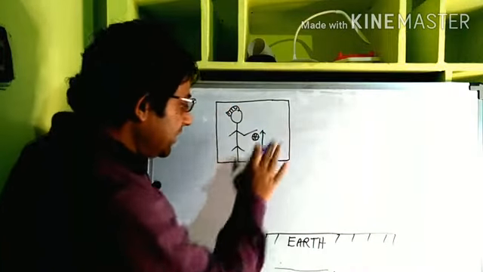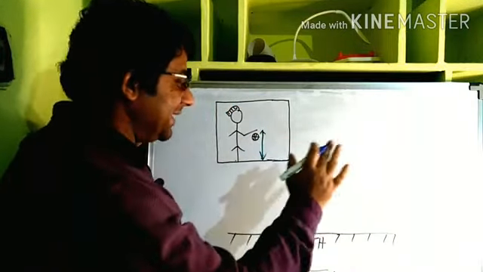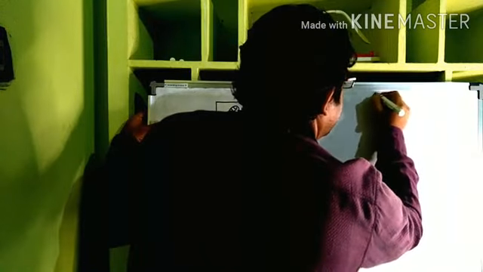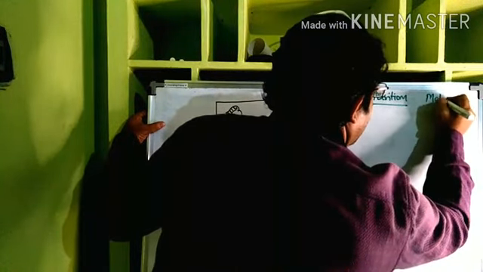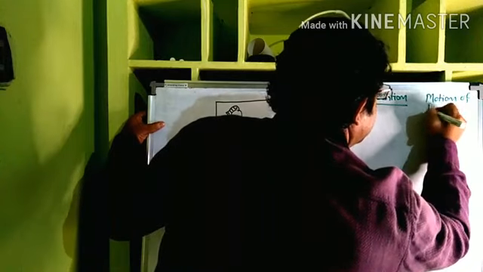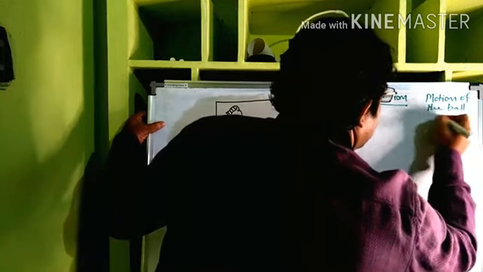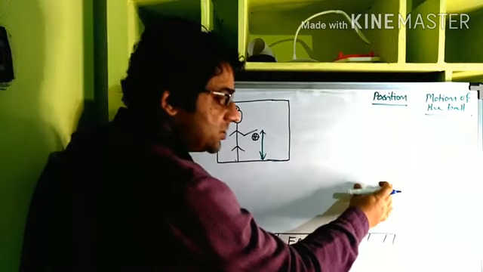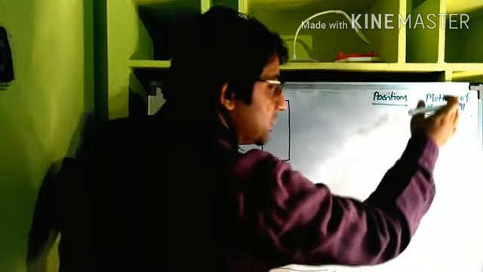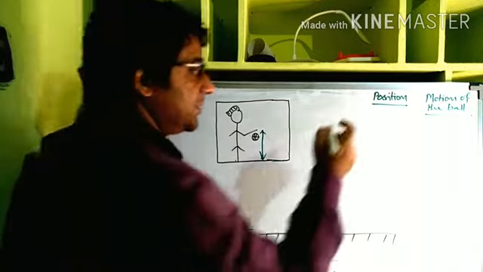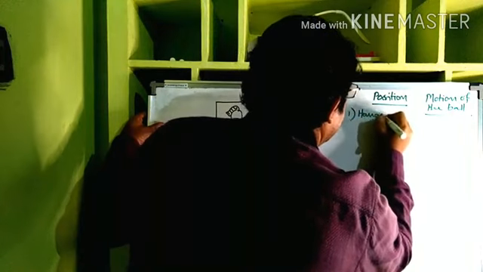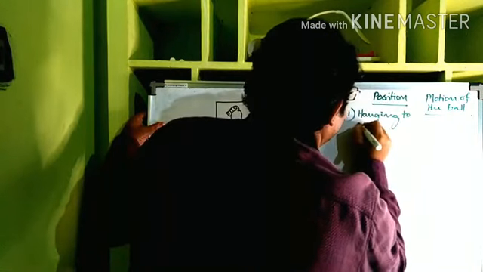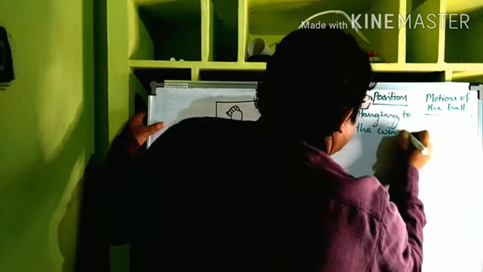Now what you are viewing here, if we write that, we are saying position and motion of the ball. That means we will say what the position is here, and with respect to that what is the motion of the ball, we are writing here. Okay? Clear? Now, hanging to the window.